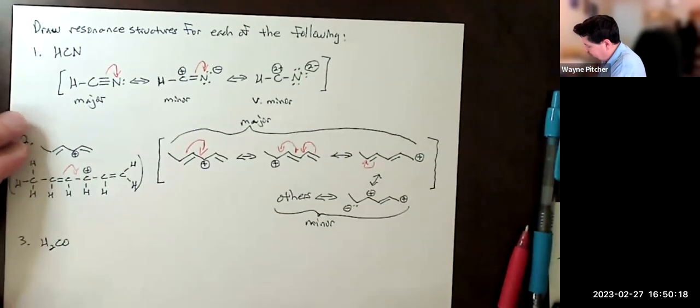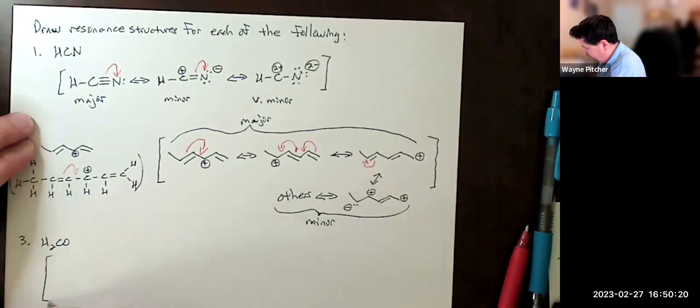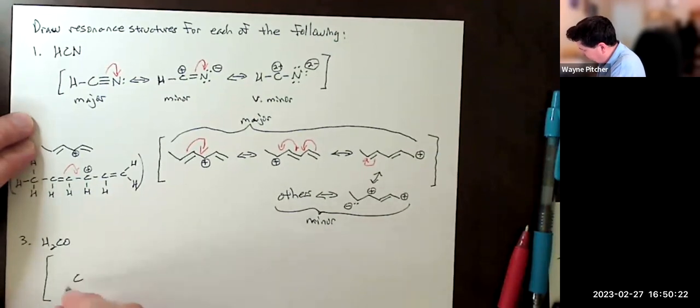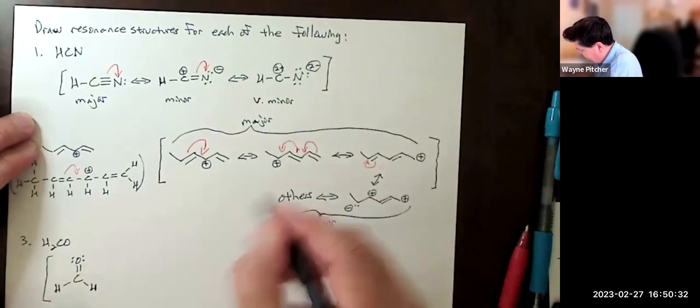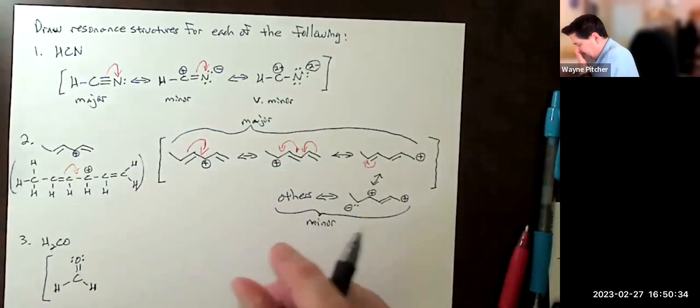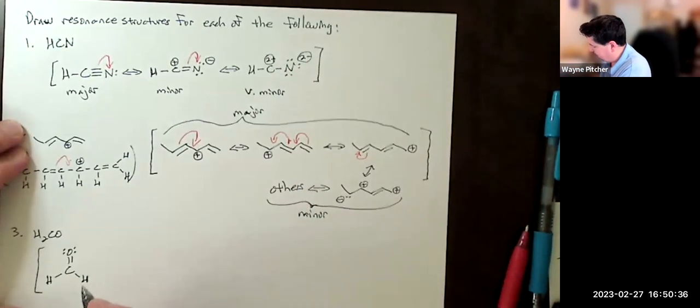So let's look at our H2CO here. Carbon's going to be in the middle, and it likes to form 4 bonds. So let's do that. And then my oxygen is going to have 2 lone pairs there in addition to the 2 bonds.